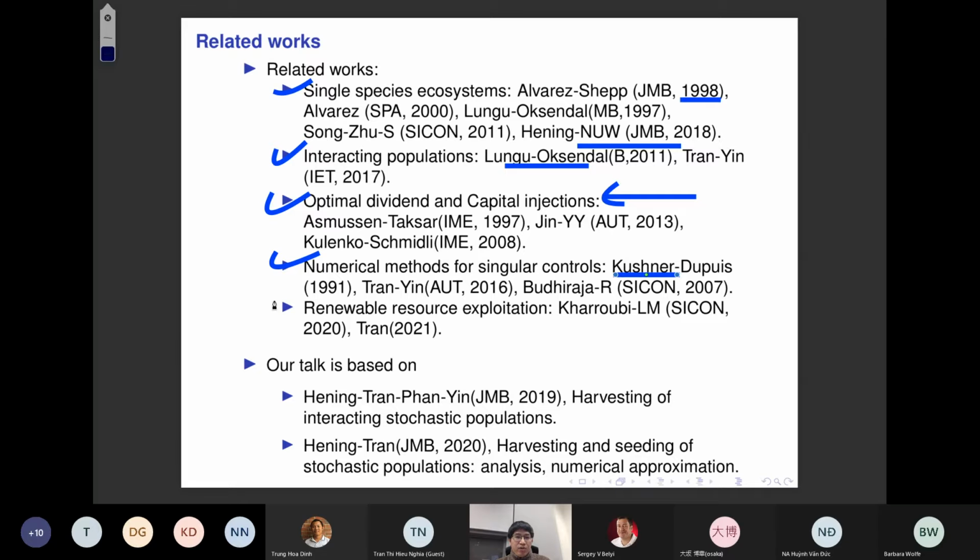For renewable resource exploitation, we have some recent work by Carol B. Those are related works. And this talk is based on our recent papers in the Journal of Mathematical Biology in 2019 and 2020.